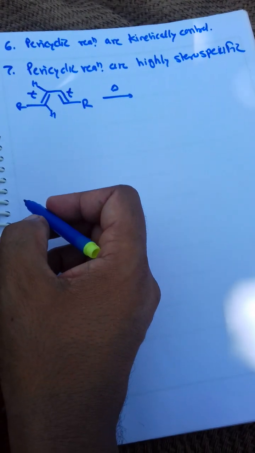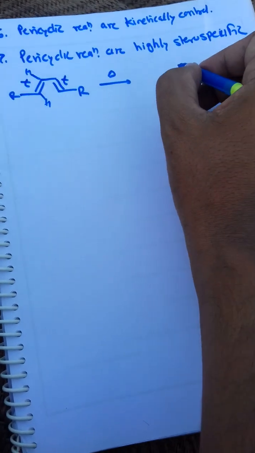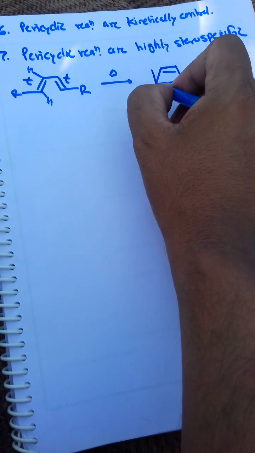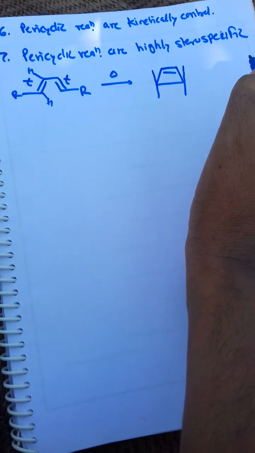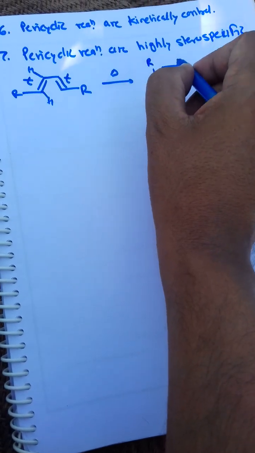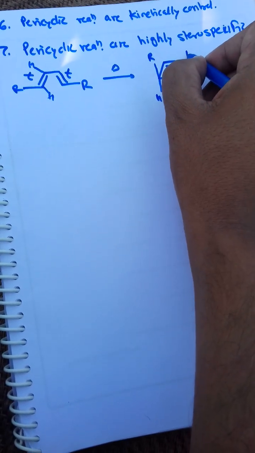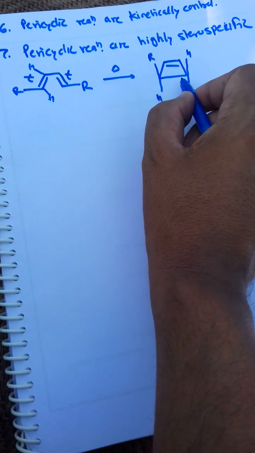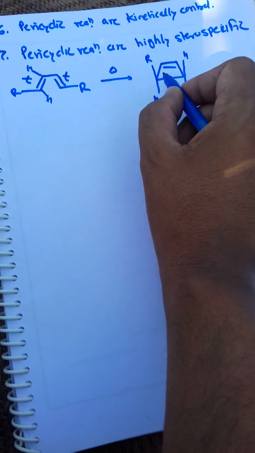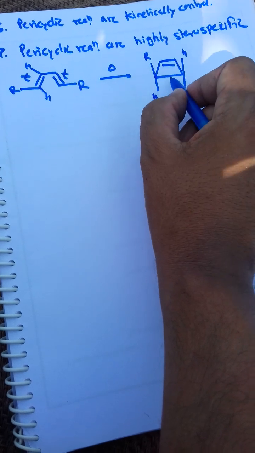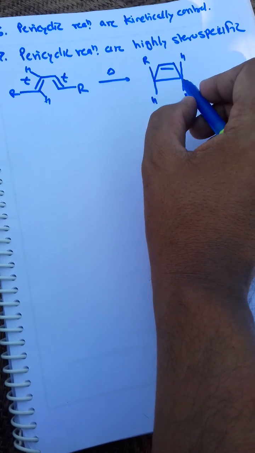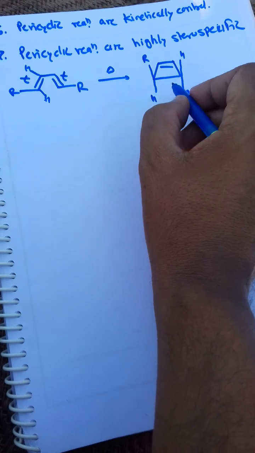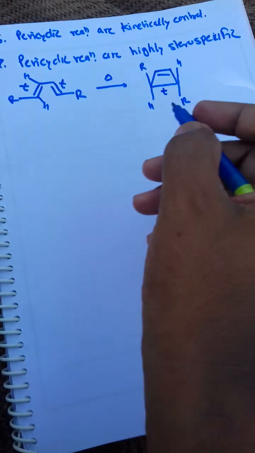Okay, so if we initiate this reaction thermally, it forms cyclobutene with stereochemistry R, H, H, R. Here a new bond forms. The stereochemistry of this sigma bond is trans, because this R and this R are opposite.